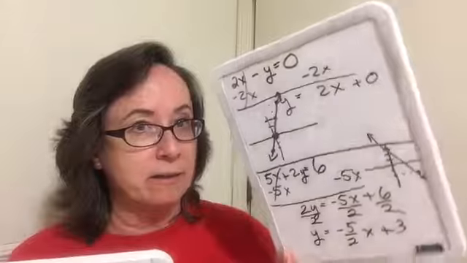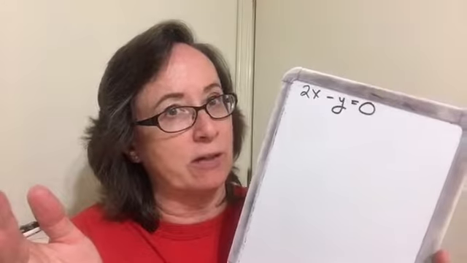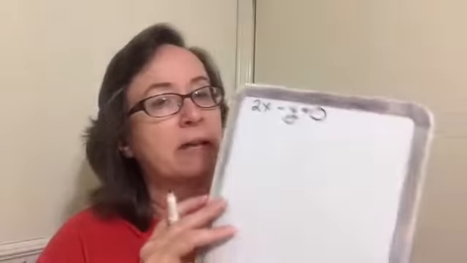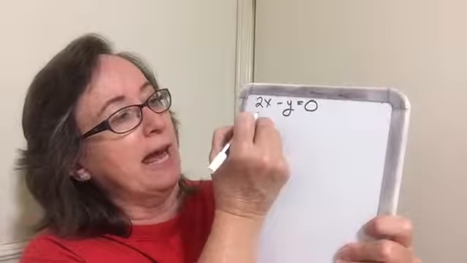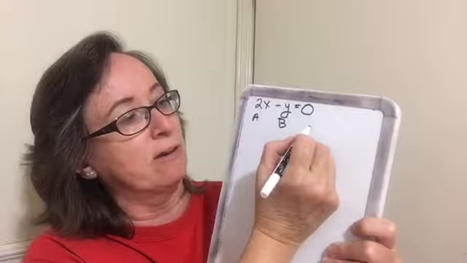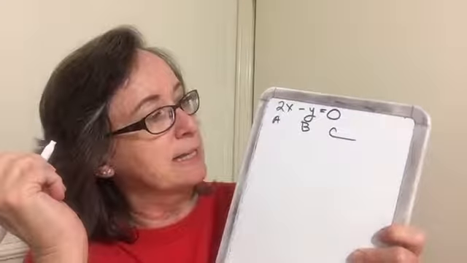Okay, I'm going to come over here and do the same two problems I did before. So we're going to start with 2x minus y equals 0. Instead of turning it around, which is not really hard with this one, we're going to recall that our a is 2 and our b here is negative 1 and our c here is 0. ax plus by is 0.